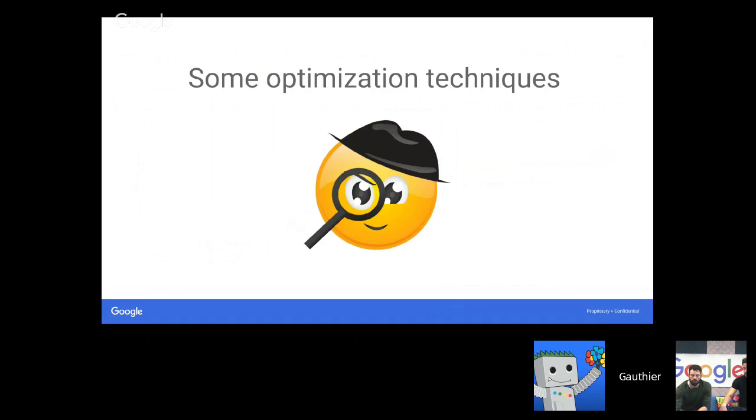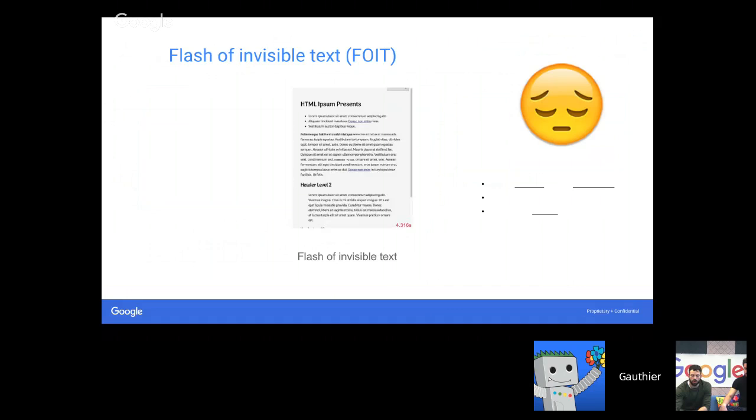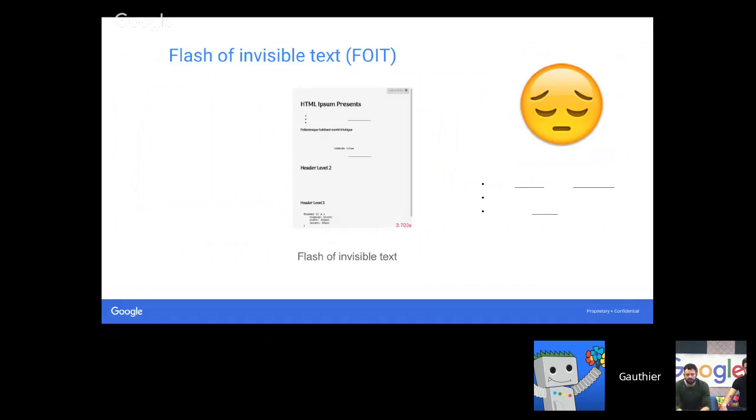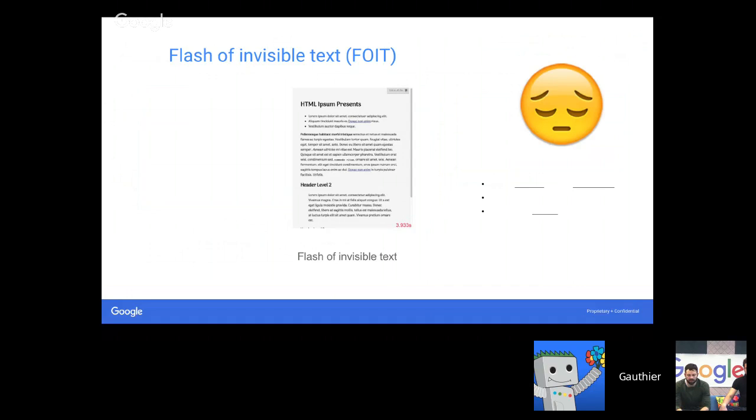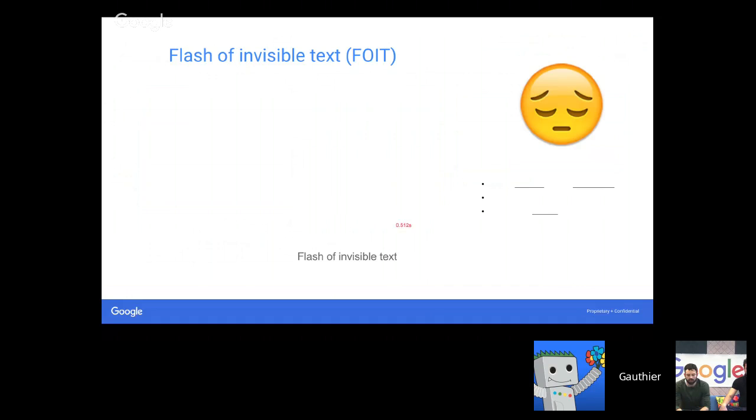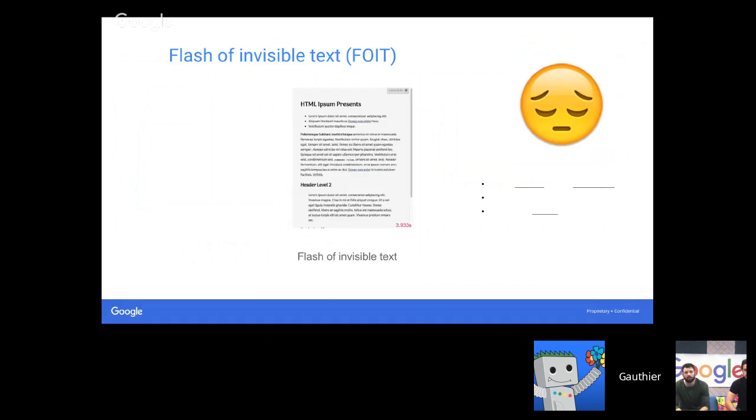Okay, so we've been talking about the flash of invisible text a little bit, and basically the core issue is that the browser is thinking, okay, there is a font coming, but it just takes time to get it, and it might even render a couple of underlinings, or in this case, a couple of bullet points before.